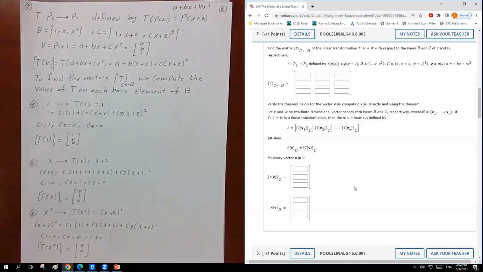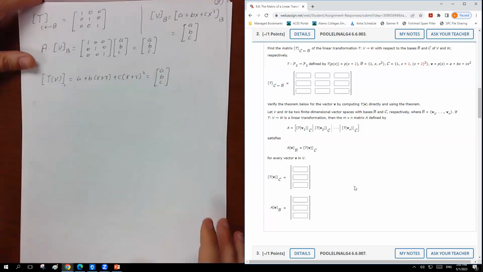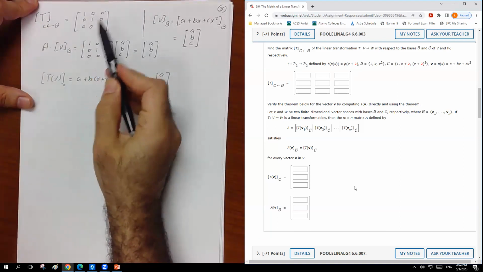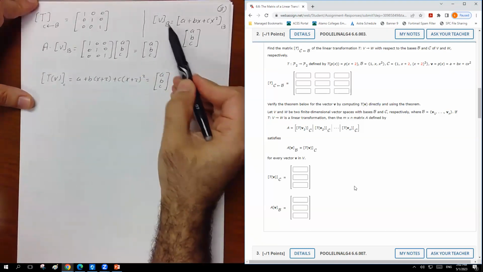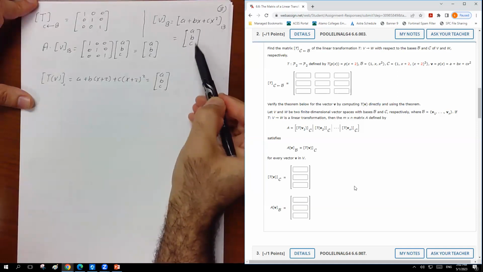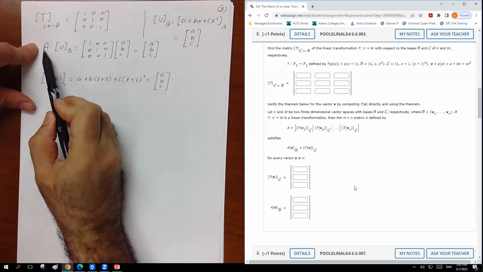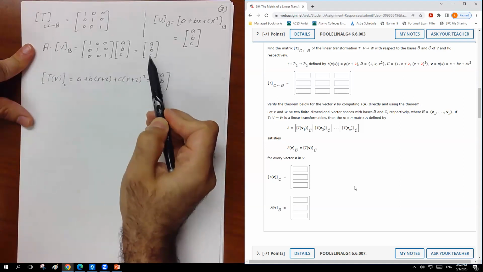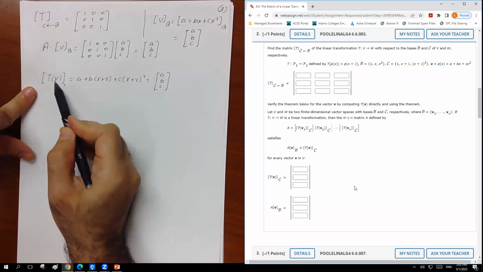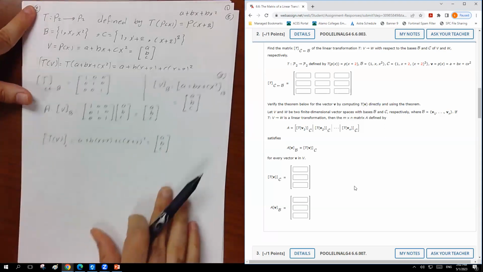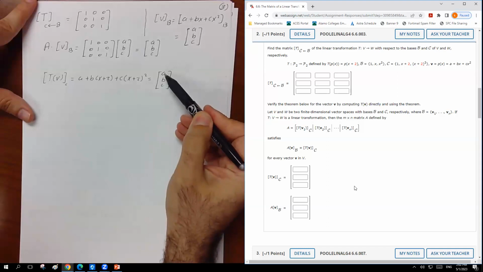That means our matrix from B to C is going to be 1, 0, 0, 0, 1, 0, 0, 0, 1. The vector V with respect to B is going to be a plus bx plus cx squared, which is a, b, c. That means if you multiply the matrix times the vector V with respect to the base B, it is going to be the same thing, a, b, c. The transformation of V with respect to C, that's what we found here, which if you write down as a vector is going to be a, b, c.